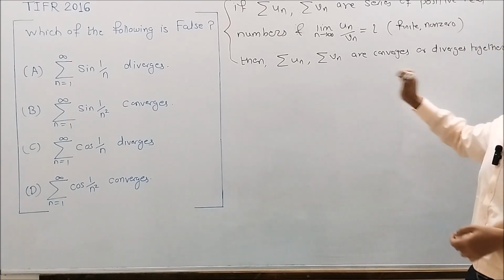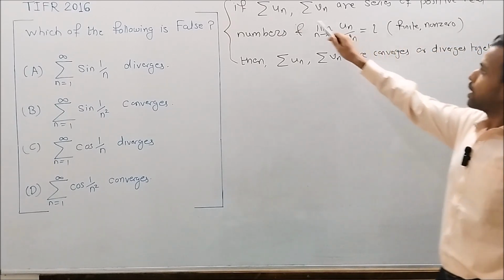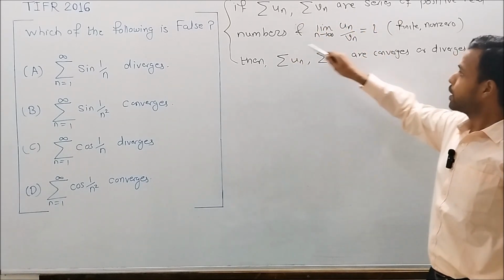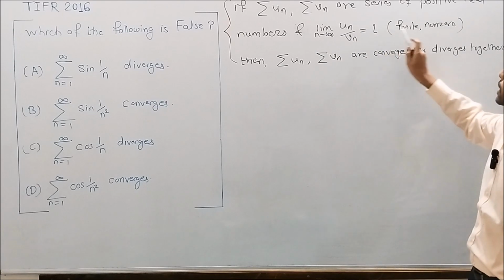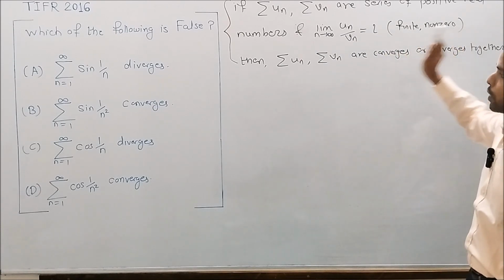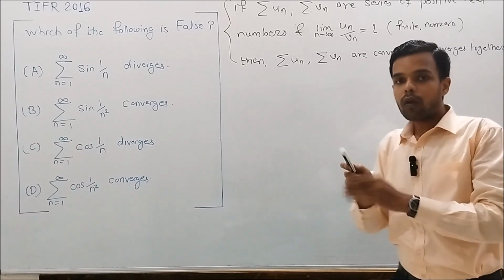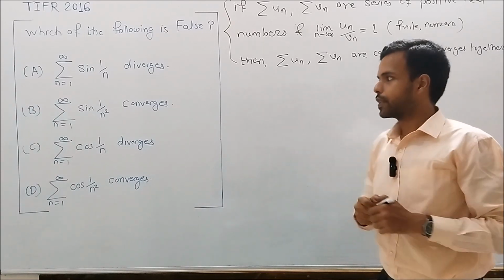So this test states that if un and vn are series of positive real numbers and this limit exists and is finite and non-zero, then both series are convergent or both are divergent.